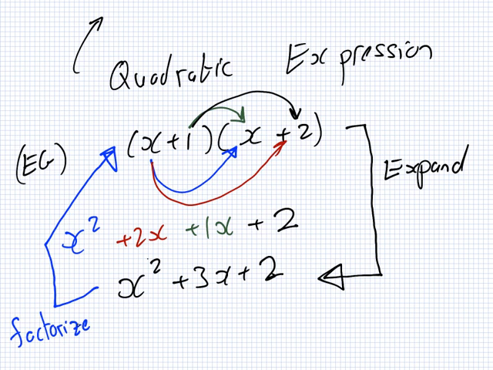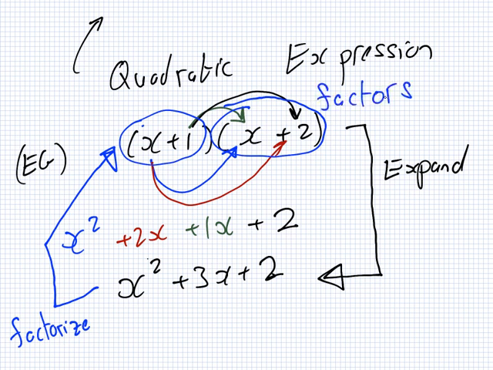So you can probably guess the noun. What are these two called? What's this called and what's this called? Factors, yeah. And if you want to be more precise, you can actually say linear factors, if you want to be more accurate.